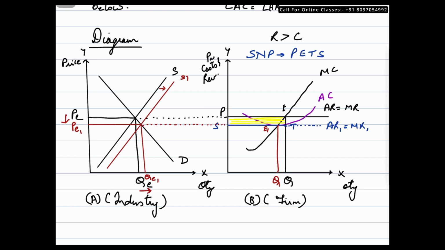So now when we see that with an increase in supply, the overall price in the industry has fallen, the firm would be earning just enough to cover up their costs, and hence the firms would go from making supernormal profits in the short run to normal profits in the long run. This is how the firms in a perfectly competitive market would always end up earning normal profits in the long run.